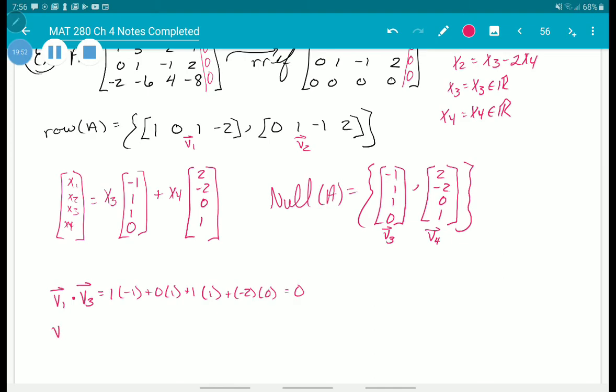And if I dot V2 with V4, I'm going to get 0. Anytime you get that dot product to be 0, that means you're dealing with an orthogonal set. So in this case, this set is orthogonal to this set.